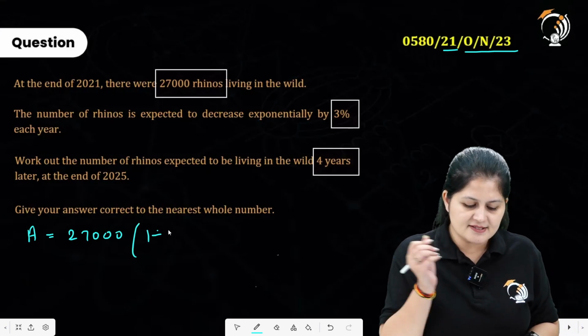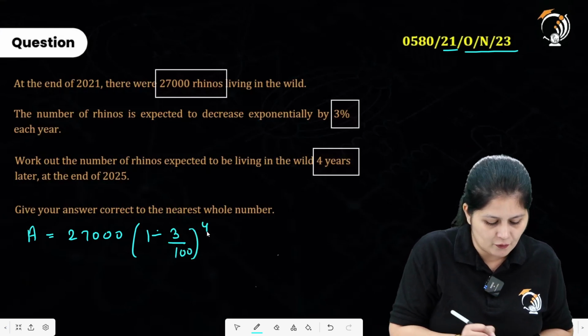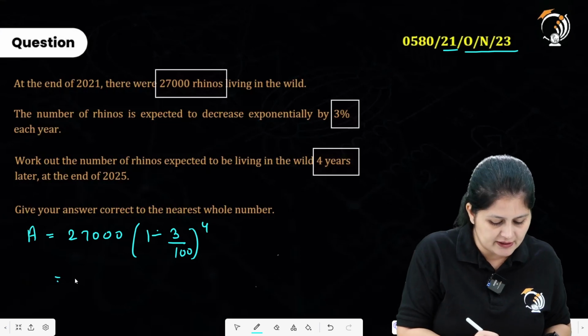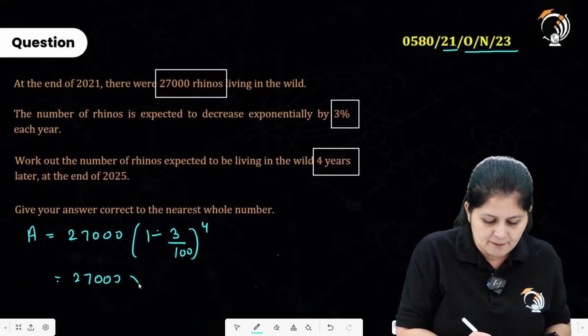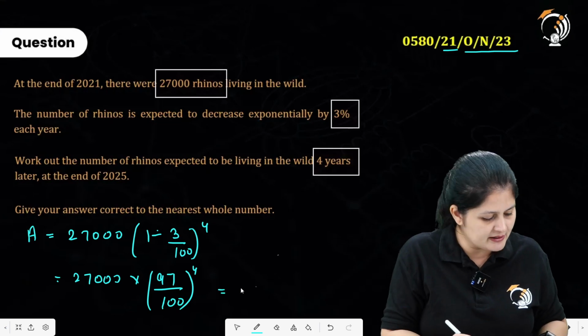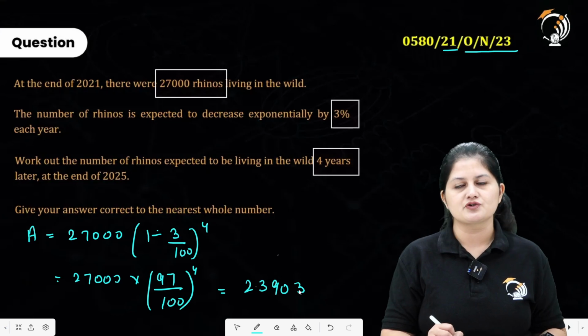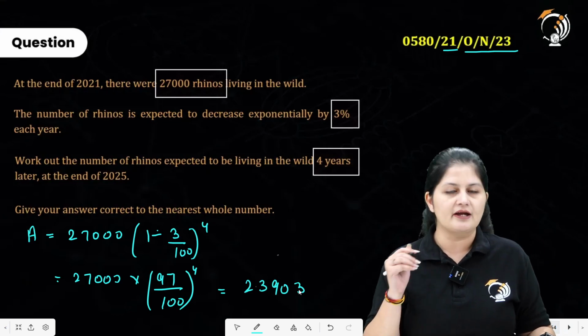As it is decreasing, it is going to be 1 minus 3 over 100 raised to the power 4. Let's do this calculation. We are getting it as 27,000 multiplied by 97 over 100 raised to the power 4. So let's do the calculation. We are getting it as 23903. That is going to be the number of rhinos at the end of 4 years.